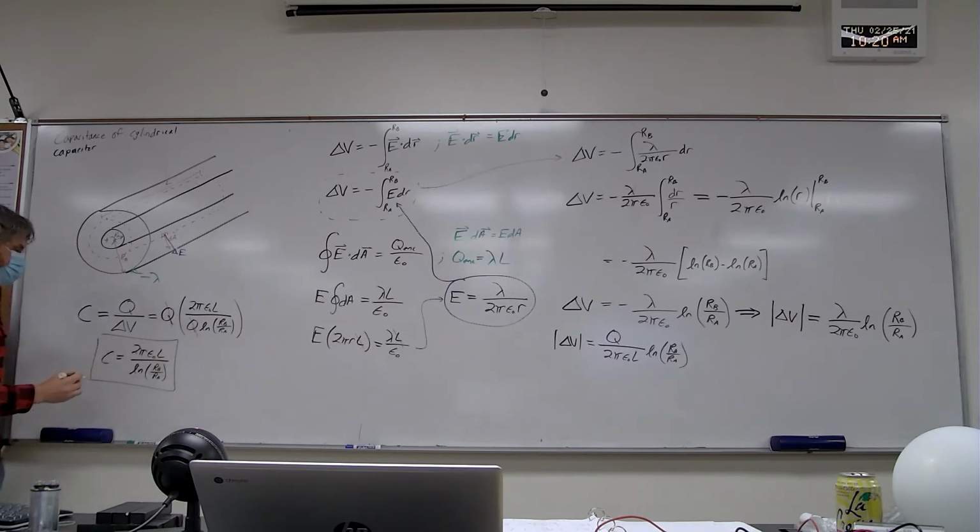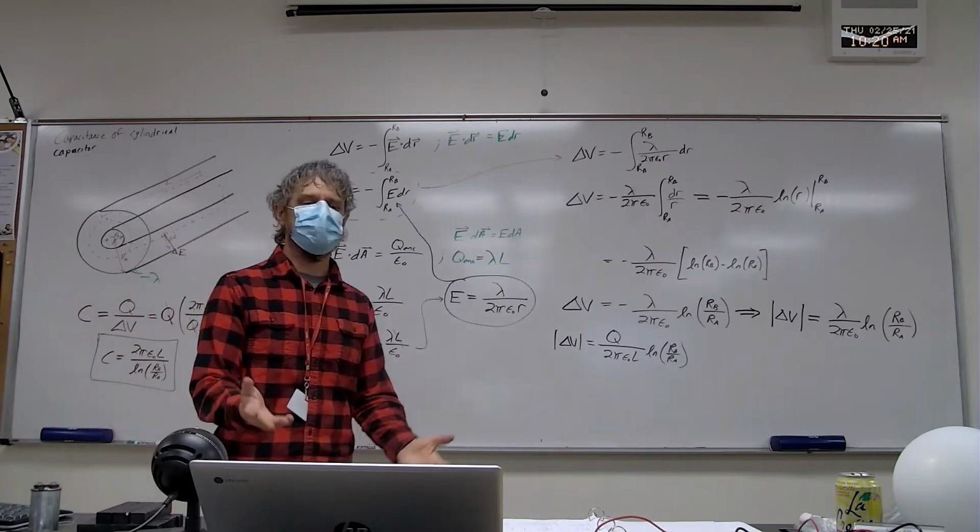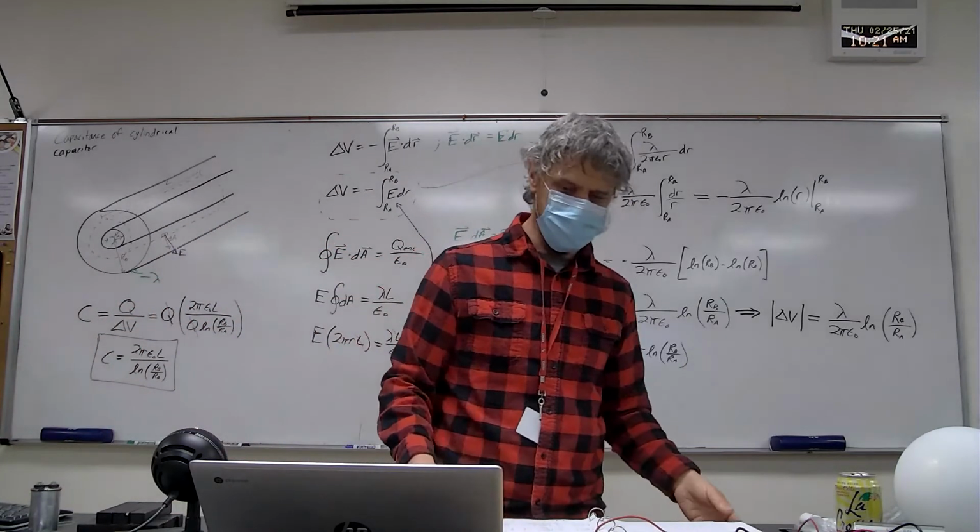Again, entirely dependent on the difference in the radii of the shell and the inner cylinder and the object's length. Purely a function of the geometry. Understanding that will make this lab a little easier to understand.